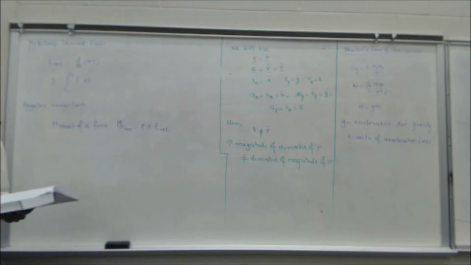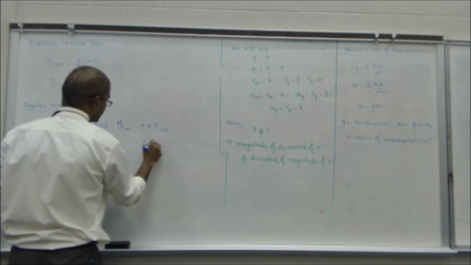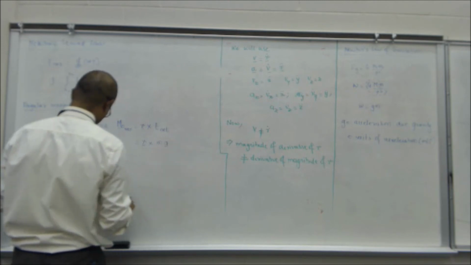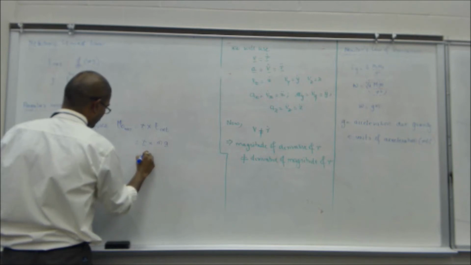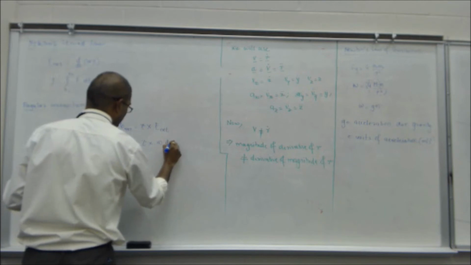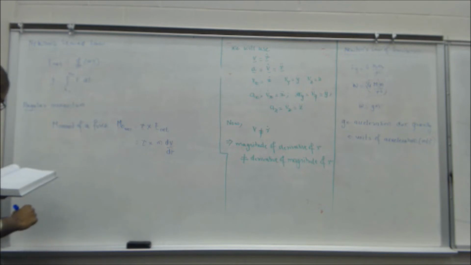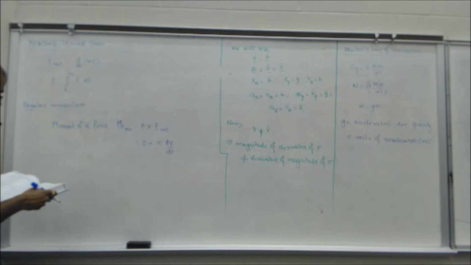It is not F cross R. So you have R crossed with M A, okay, which is R. And actually we'll end up doing this again.